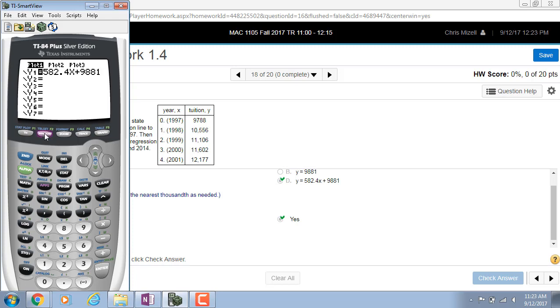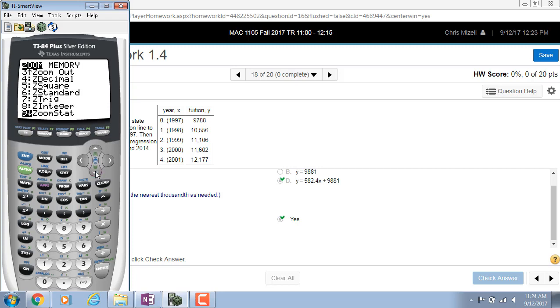Currently, my calculator is close to the standard viewing window, not exactly in the standard viewing window. There's no part of this graph, I can imagine, that's going to be within the standard viewing window. If it is, it's going to look like it's zipping straight up through it. With Plot 1 activated, if we press zoom, followed by, I want to say it's 9.